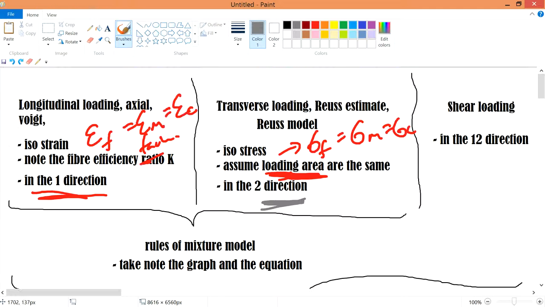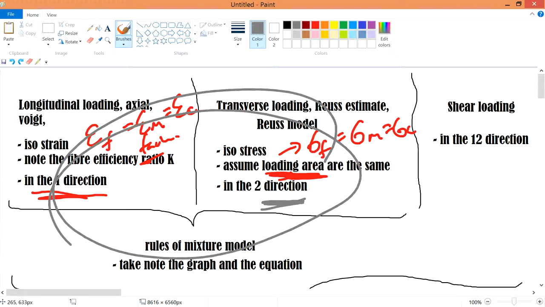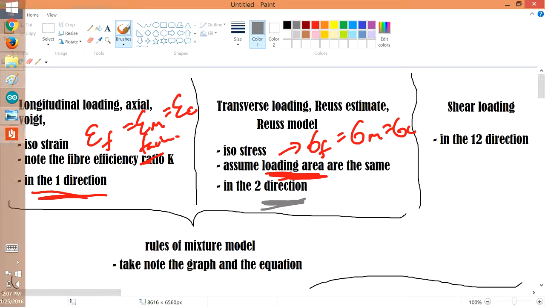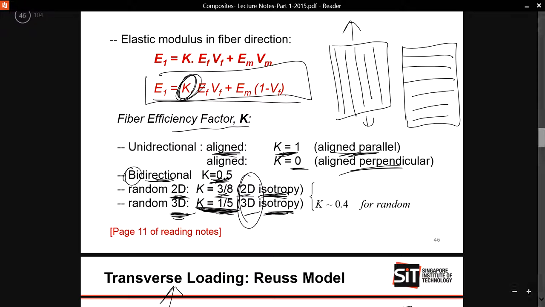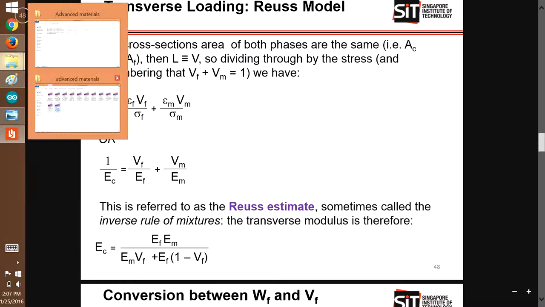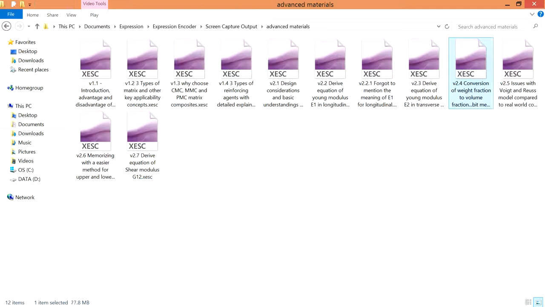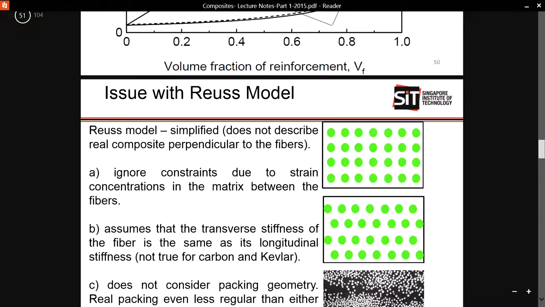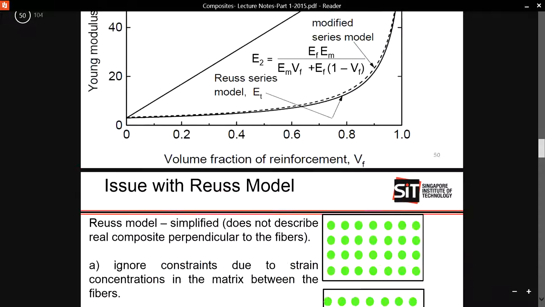In the longitudinal and transverse directions, there is some rule of mixture model, and there are some assumptions that you have to take note of and learn, and these assumptions are reflected in these three videos. They help you understand all this, especially the graph over here.